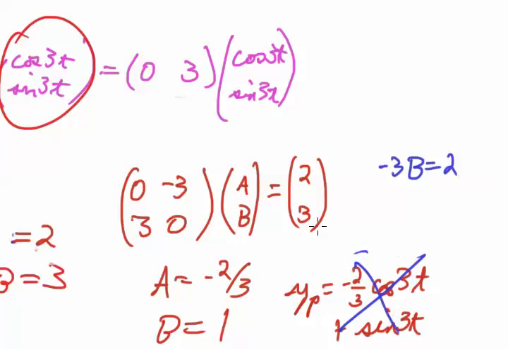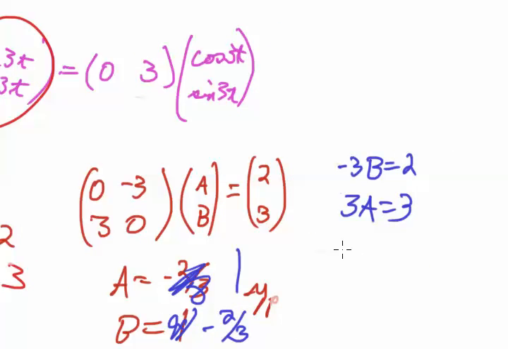It would be 3a equals 3. So a is equal to 1, and b is equal to negative 2/3. So you would end up with y sub p being cosine 3t minus 2/3 sine 3t.